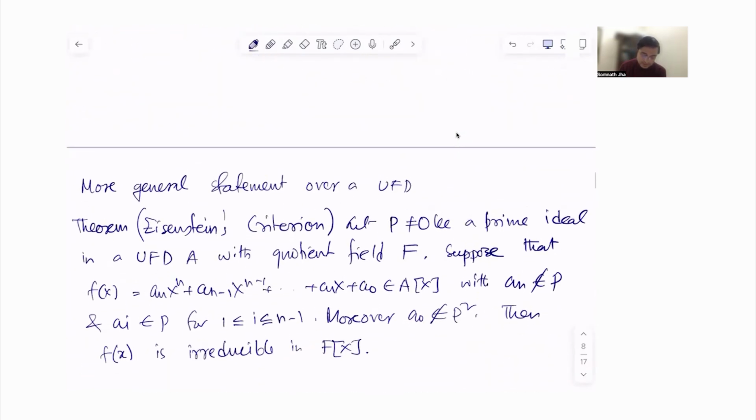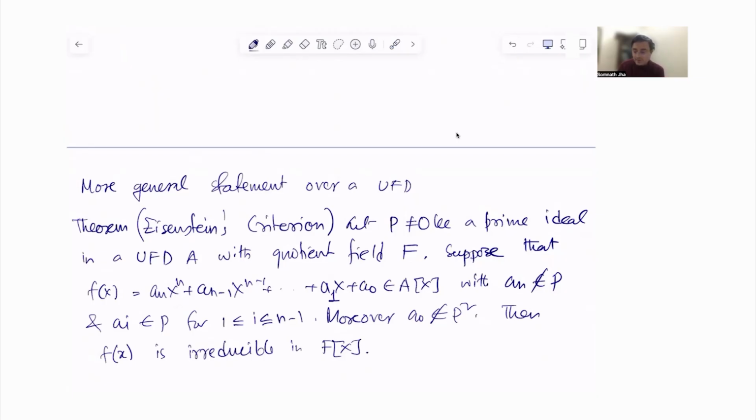Okay, and then there is a more general version of the Eisenstein criterion. For any UFD A with a quotient field F, the field of fractions of A, and P a non-zero prime ideal, suppose you have a polynomial a_n x to the power n plus a_{n-1} x to the power n minus 1 plus ... plus a_1 x plus a_0 in A[x].